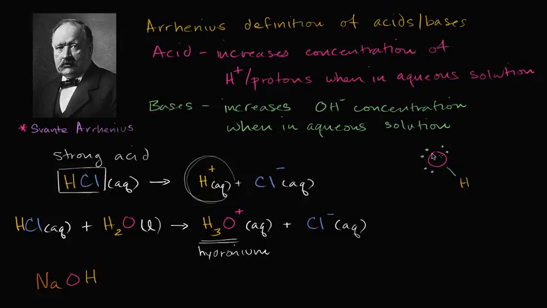It's actually nabbed an electron from somebody, someplace. And so it's going to have a negative charge. Let me just write it like that. It has a negative charge. And then you have a sodium ion that has lost an electron somehow, so it has a positive charge.